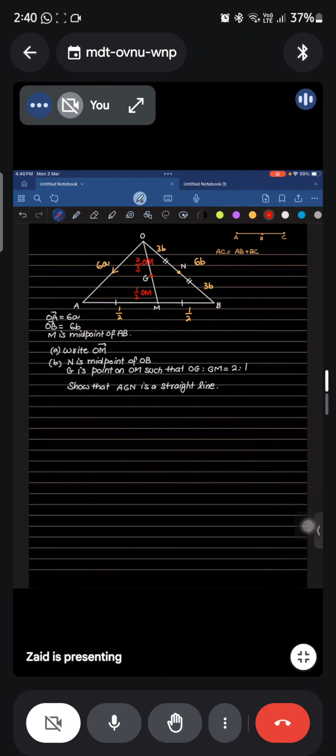But we don't know the value of AB as well. First, let's find AB. Make an expression for AB. So AB can be AO plus OB. AO is going to be negative 6A because we are moving from bottom to top, and OB all the way downwards, so it's plus 6B.